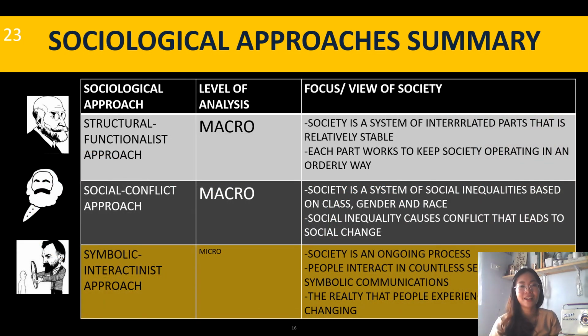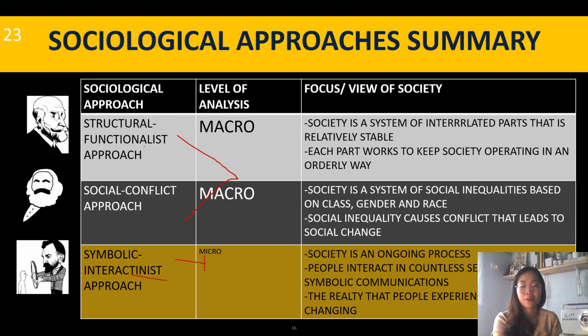Let's wrap things up. Actually, we've already mentioned everything, and just refer to this table if you want a review of these different sociological approaches or perspectives. Again, these two, the structural functionalist and the conflict approach, both operate on the macro level, and the symbolic interactionist, that's the title here, perspective, operates on the micro level of analysis.